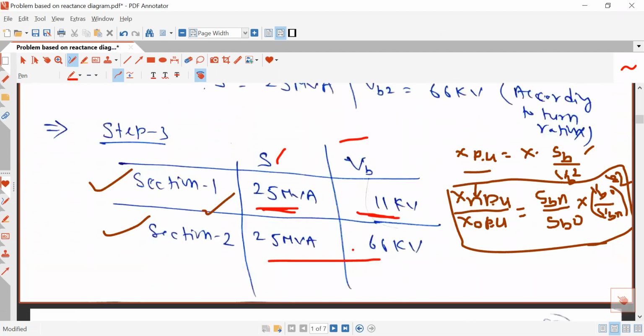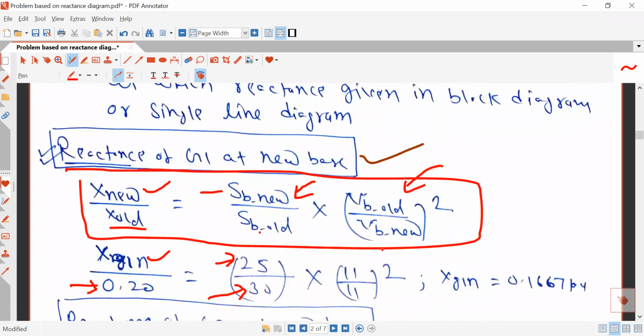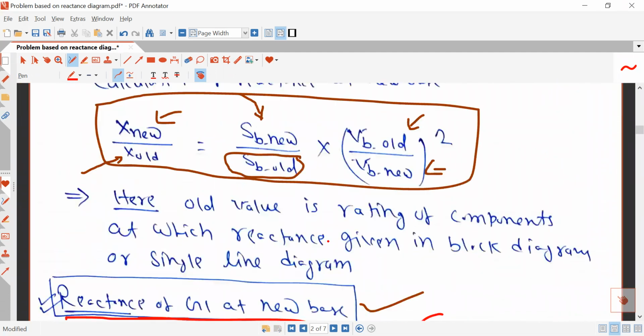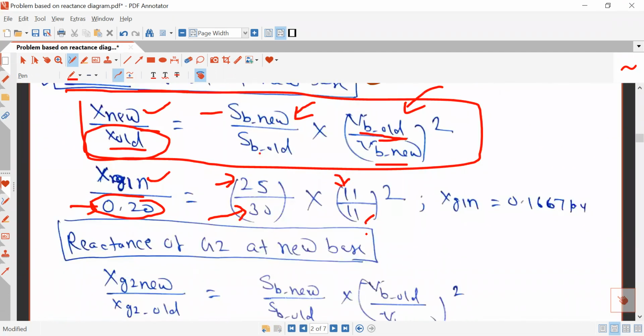So the voltage base at which this reactance is given is 11 kV. And VB new means the new base value at which you want to calculate reactance. Generator G1 is a part of section 1, and for section 1 the base voltage is 11 kV, so the new value will also be 11. After calculation you will get the reactance of generator 1 on the new base.